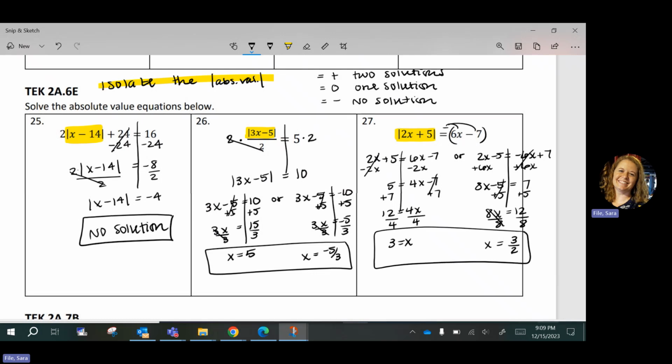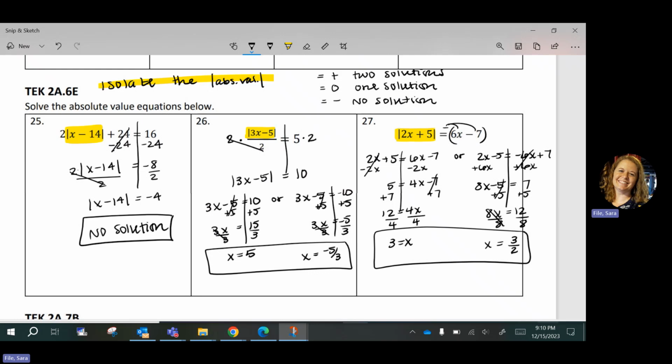Now, with absolute value, you can always check with any function, you can always check your solutions by plugging it into the original function, and it should make it a true statement. So for instance, I should take this 5 from number 26 and plug it in up here. 5 times 3 is 15, minus 5 is 10. The absolute value of 10 is 10, divided by 2 is 5.